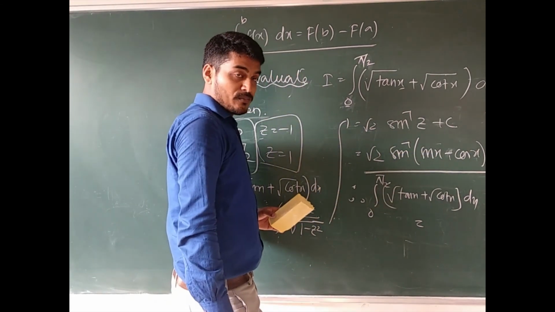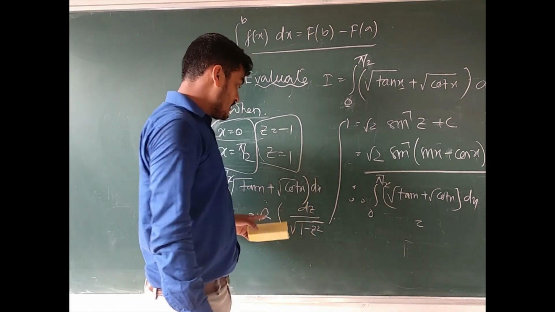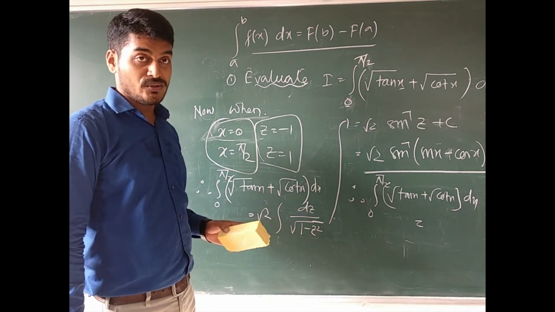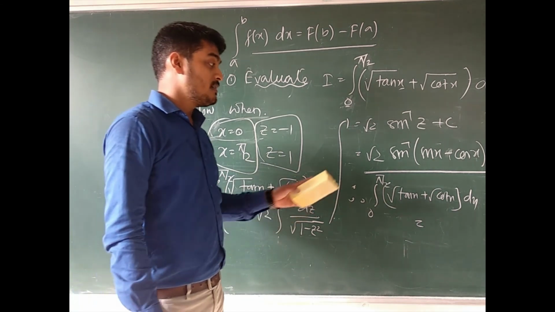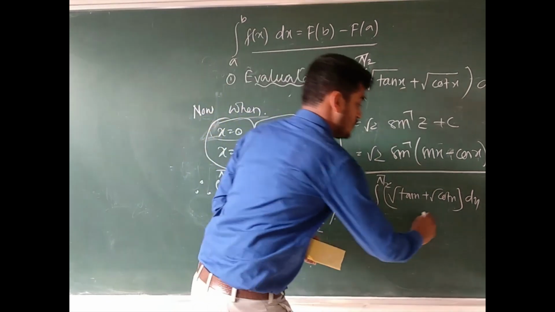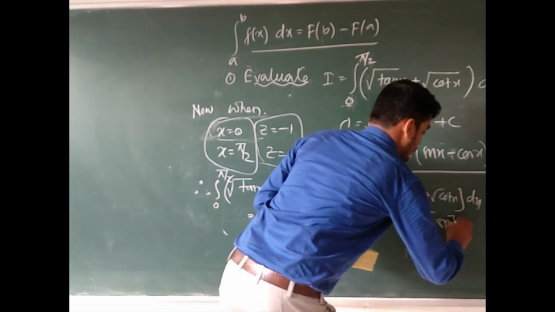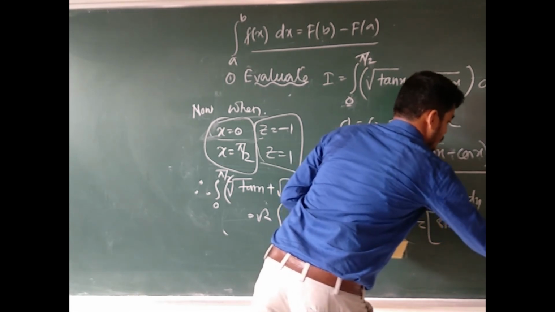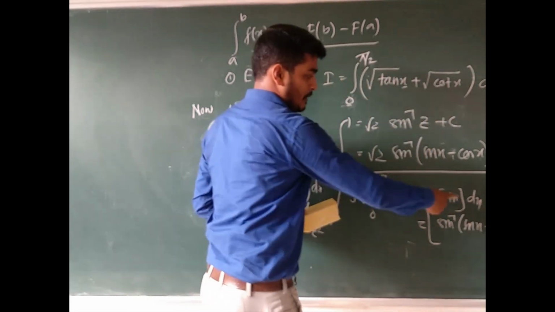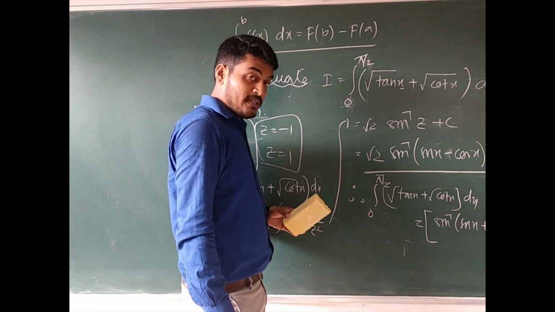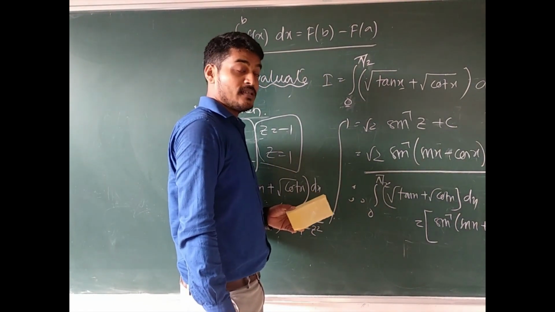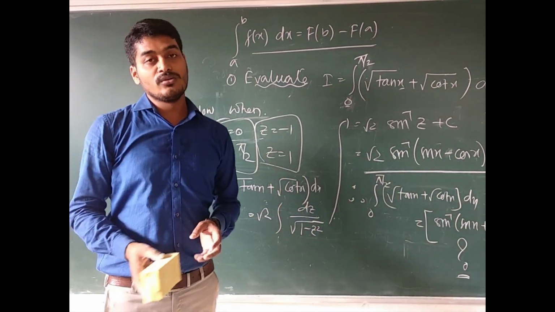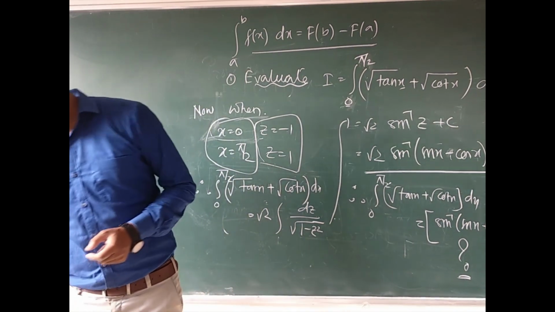We need not change this limit. Earlier we wrote the answer in z, so we tried to put it in z, that is why we changed the limit. But here, since we have converted the answer to x, we can directly write sin inverse of sin x plus cos x from 0 to pi by 2. Put pi by 2 in place of x, minus, in the next step you put 0, you will get the same answer. I hope you are getting my point. In this way, we try to find the answer of all these questions. Okay, so thank you so much.